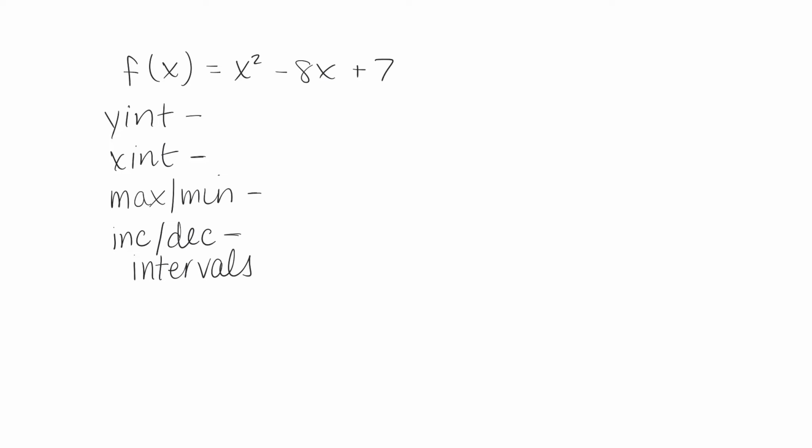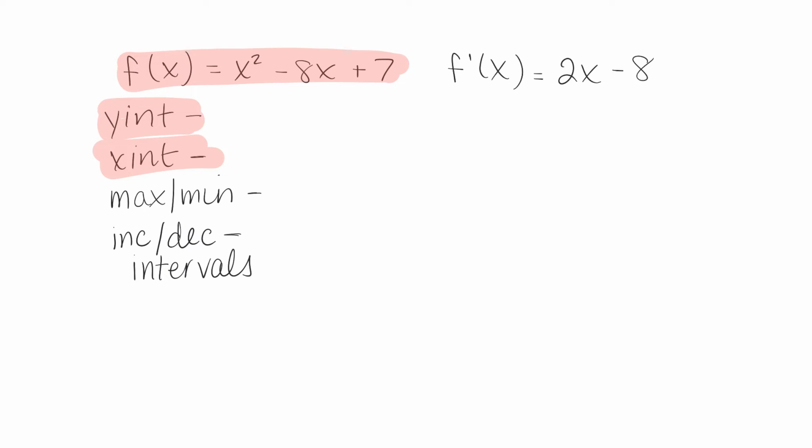Okay, our original function is extremely useful. Our original function is going to tell us our y-intercept and our x-intercept. We're going to find that like we've always found it. We're going to find our derivative. The derivative, f prime, is 2x minus 8.